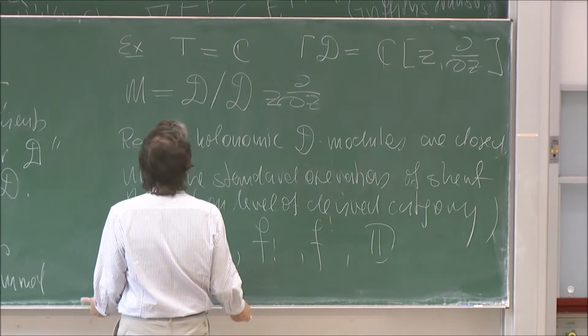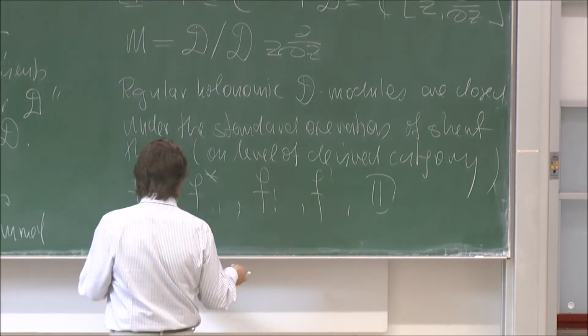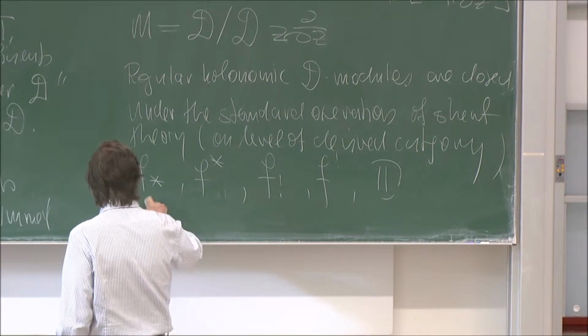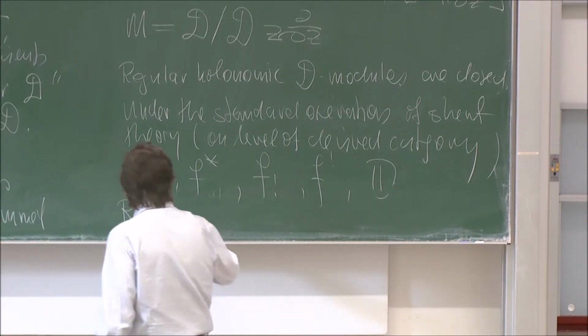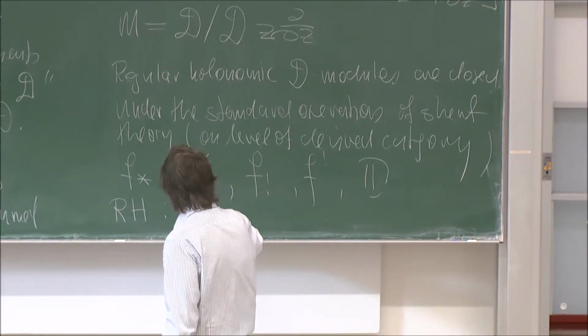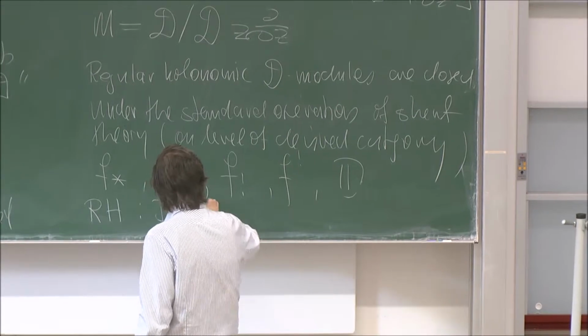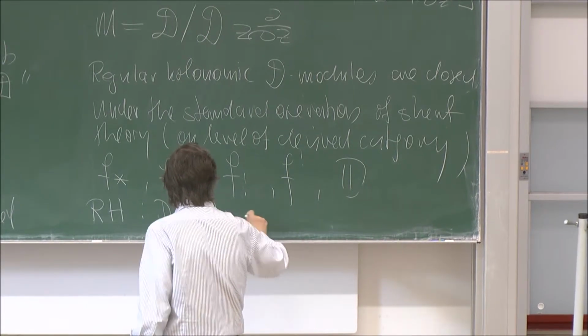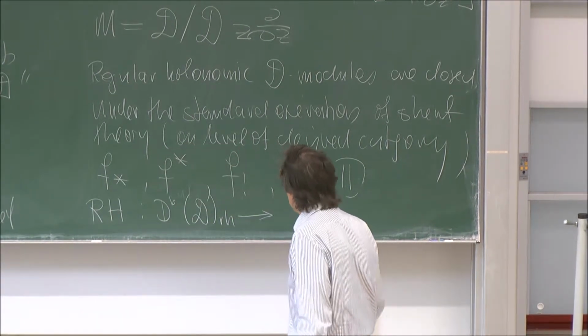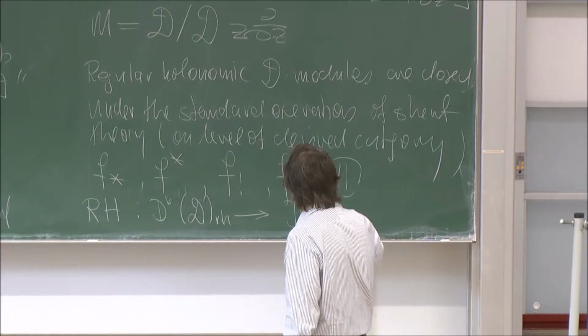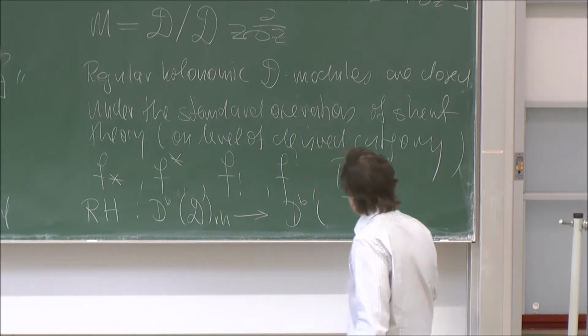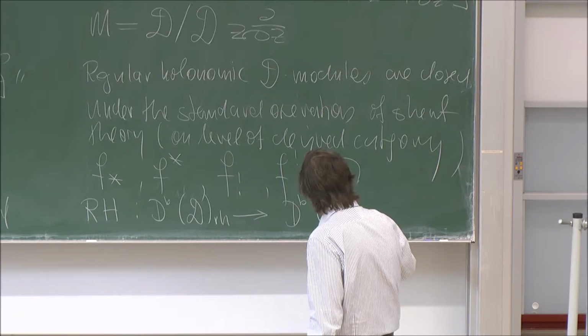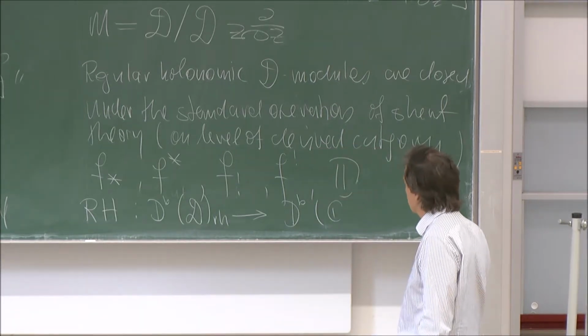And then there is the Riemann-Hilbert correspondence from the bounded derived category of regular holonomic D-modules to the bounded derived category of constructible sheaves. So now it's constructible sheaves of complex vector spaces.